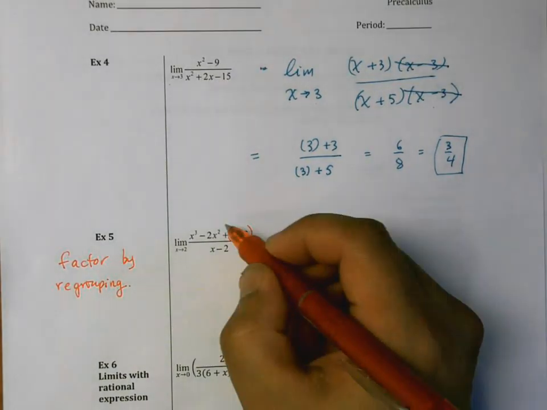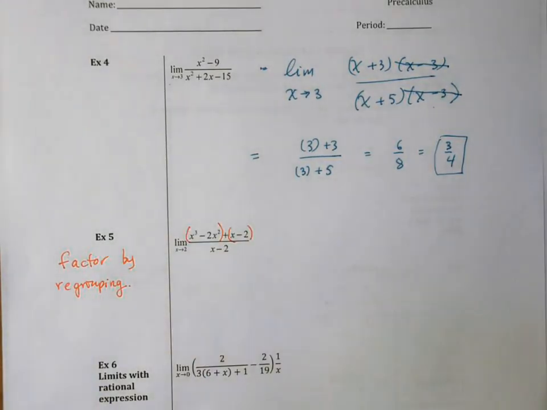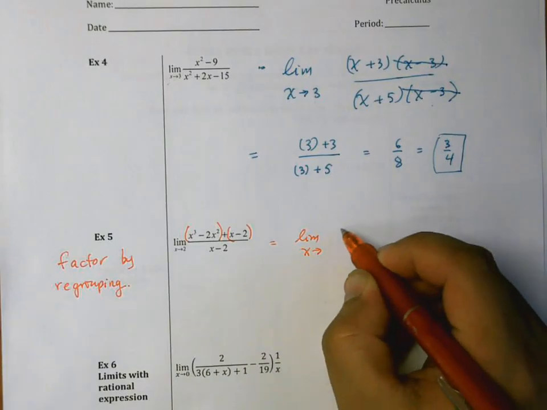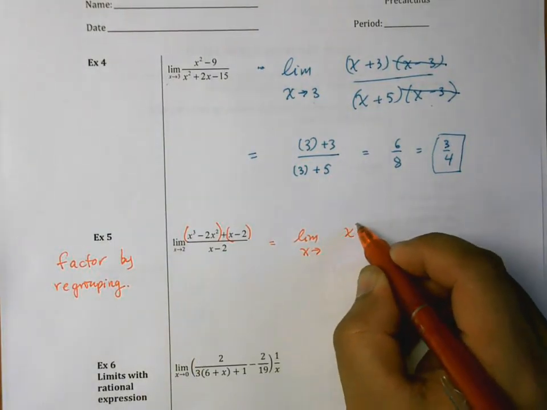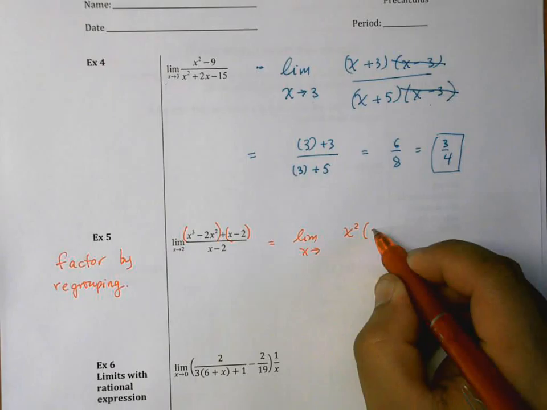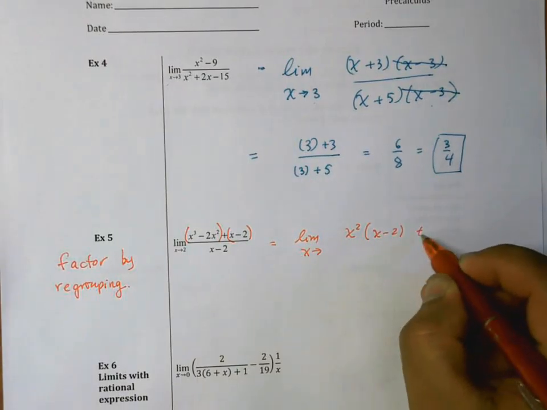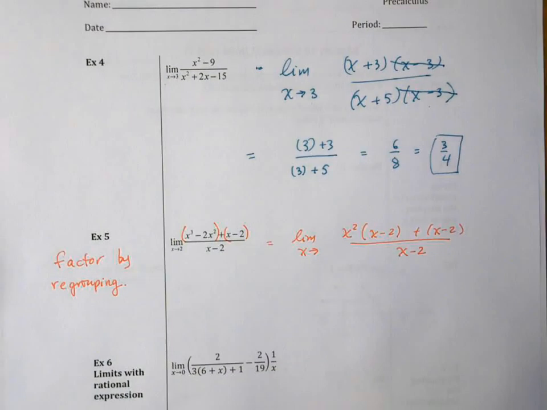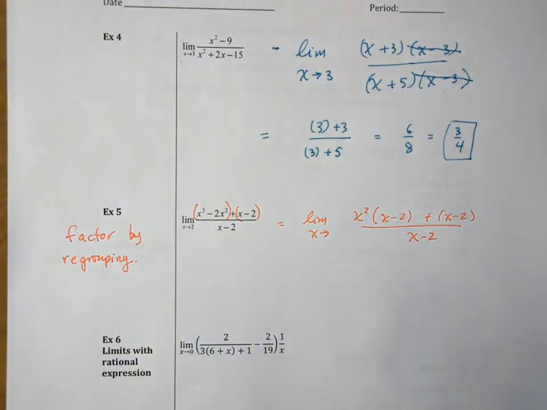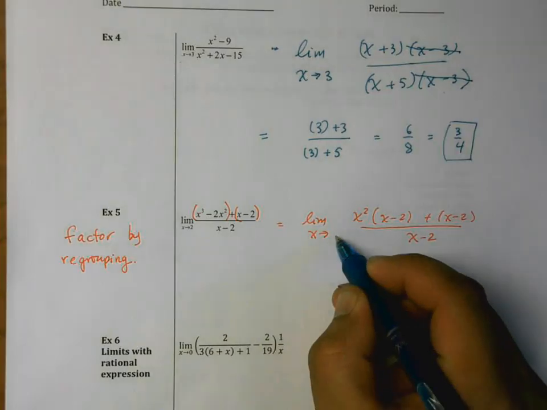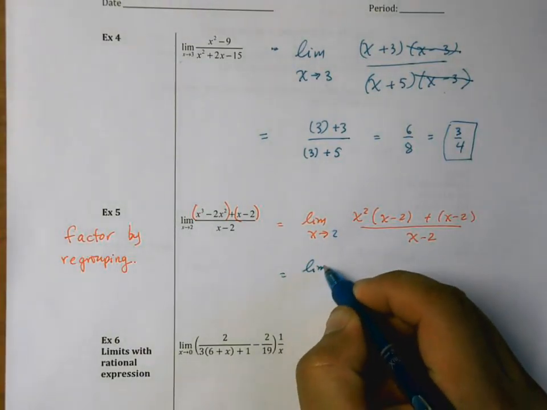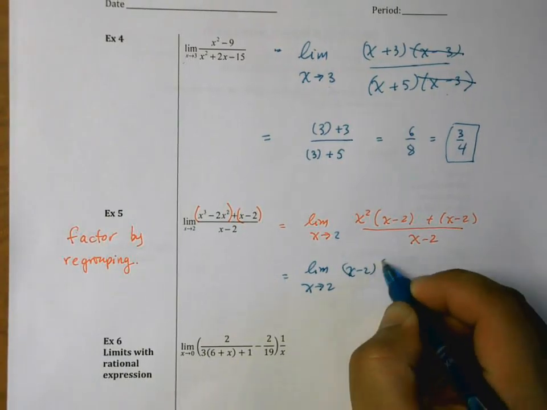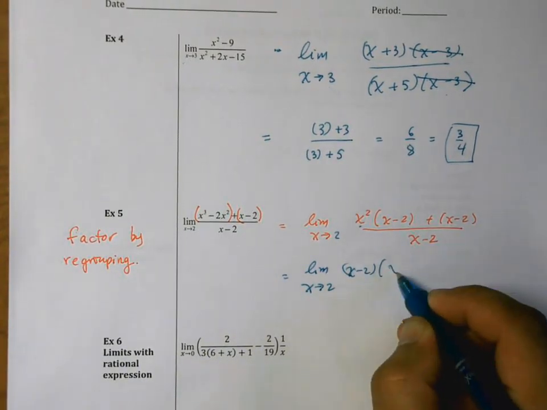And that's really just, I can pull out an x squared out of the first two terms, and that gives me x minus 2 plus x minus 2 all over x minus 2. So from here you can see that we can factor out x minus 2. So what's left here is x squared plus 1 all over x minus 2.